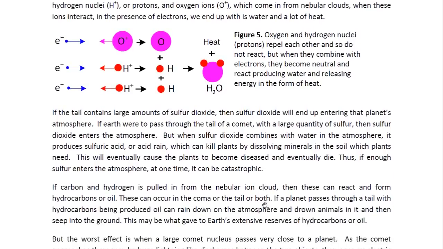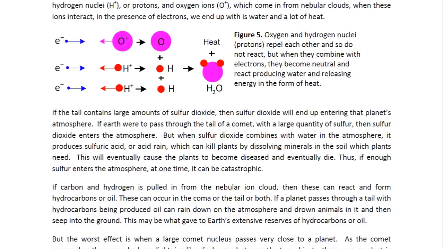Now, if the tail contains large amounts of sulfur dioxide, then the sulfur dioxide may end up entering that planet's atmosphere if it goes through the tail. So if the Earth were to pass through the tail of a comet with a lot of sulfur dioxide, then the sulfur dioxide would enter the atmosphere. But sulfur dioxide combines with water in the atmosphere to form sulfuric acid or acid rain.